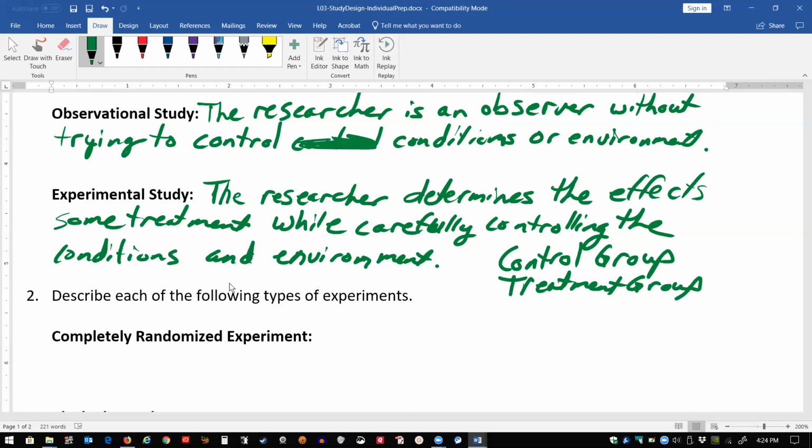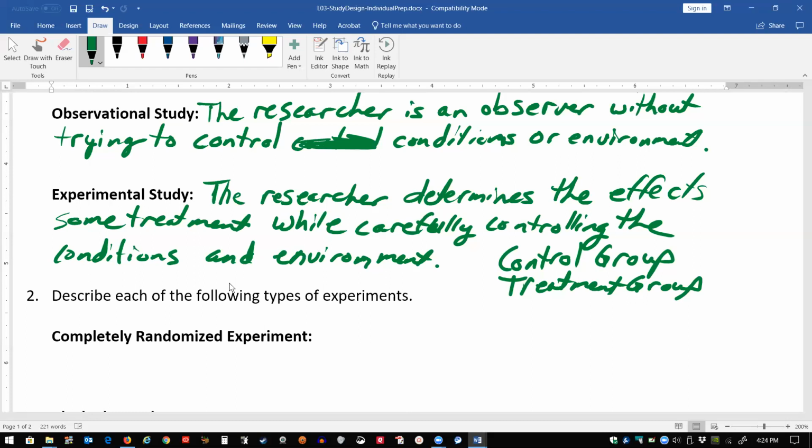Okay, not all of them, but most tend to have a control group and a treatment group. The control group doesn't get the treatment, and you observe what happens to them. The treatment group obviously gets the treatment. You observe what happens to them to see if any differences occur between the control and the treatment groups.